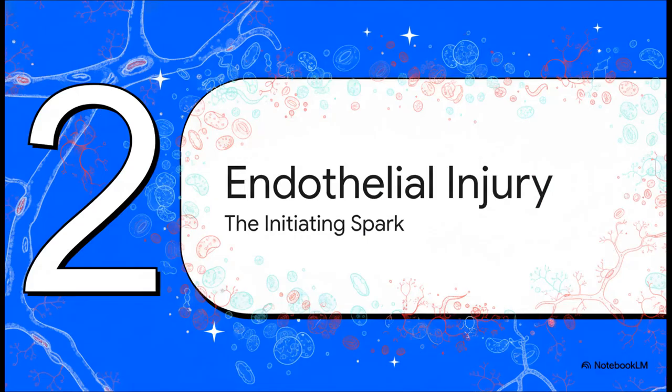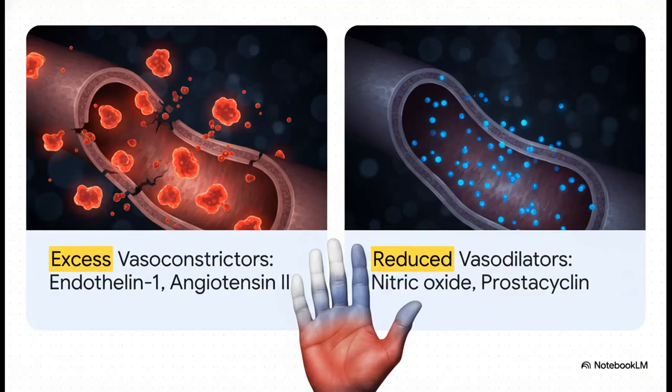Moving on to section 2, vasculopathy and endothelial injury. This is the initiating spark. Okay, so the very first thing that goes wrong at the microscopic level, the endothelial cells lining the blood vessels actually start dying off. Apoptosis. When they get damaged, they create this critical, localized molecular imbalance.